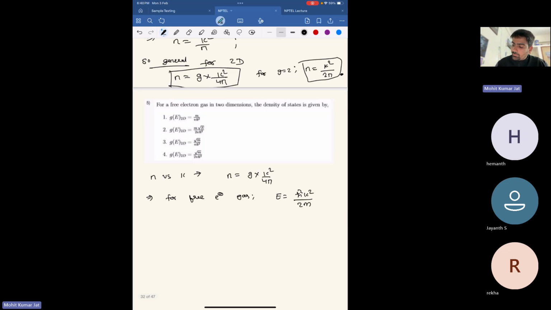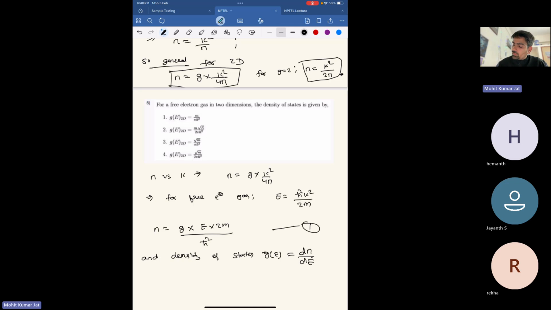If I substitute it, N will be g times, and k² I write as E times 2m by ħ². And the density of states g(E) is defined as nothing but dN by dE.